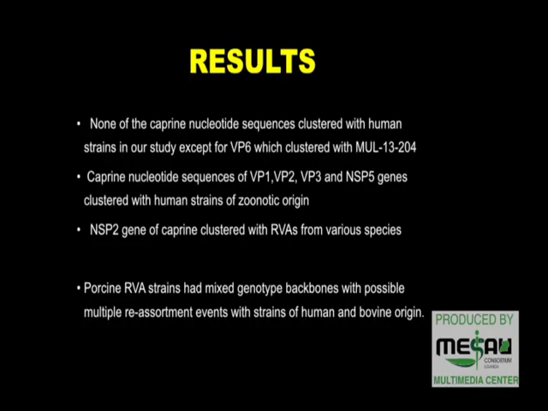And we found that the caprine nucleotide sequences for VP1, VP2, VP3, and NSP5 genes clustered with other human strains of zoonotic origin. And the NSP2 was clustered with very many other species. So we couldn't even tell which species, because goats and cows were all similar. So we couldn't really distinguish which particular species was most related to it.